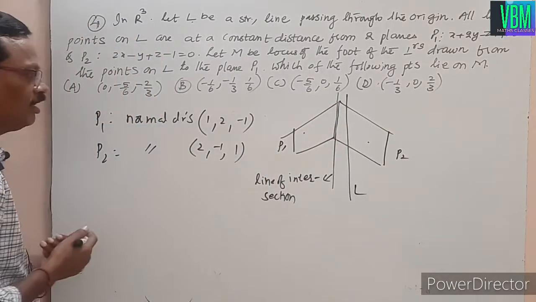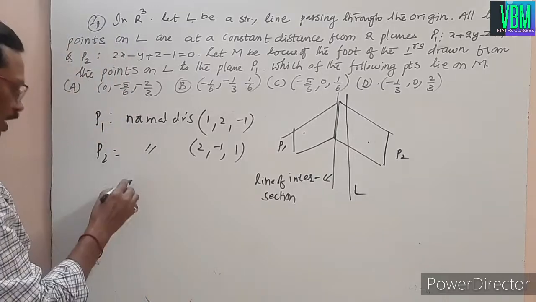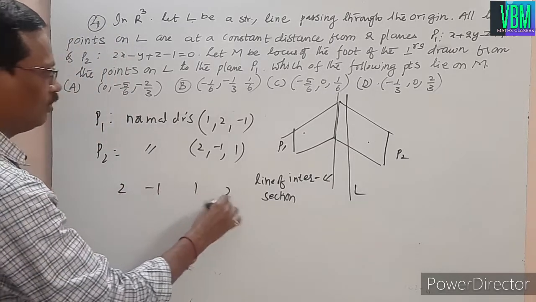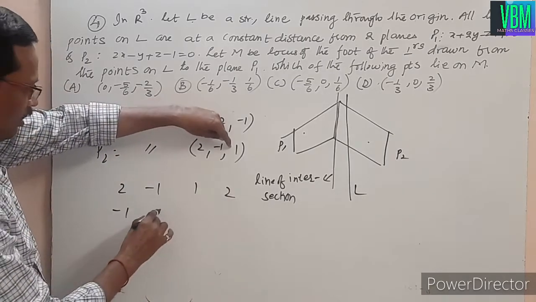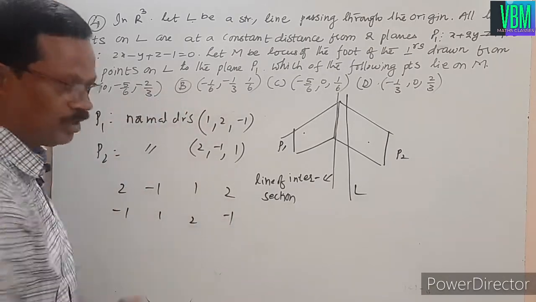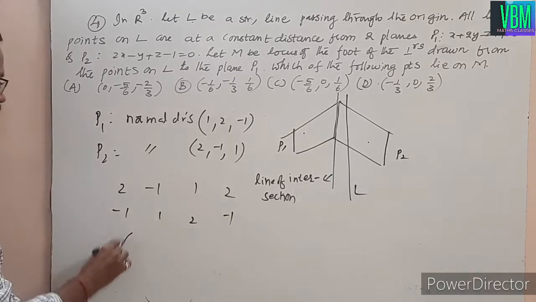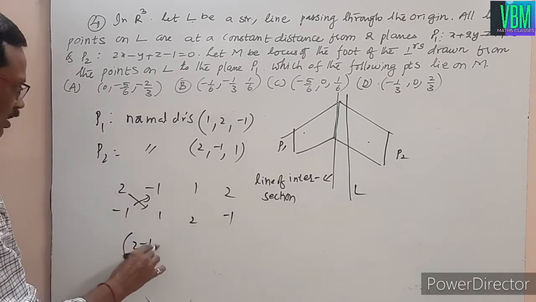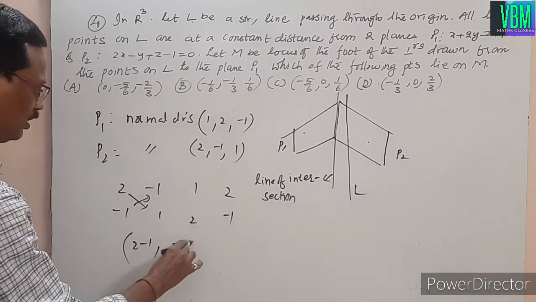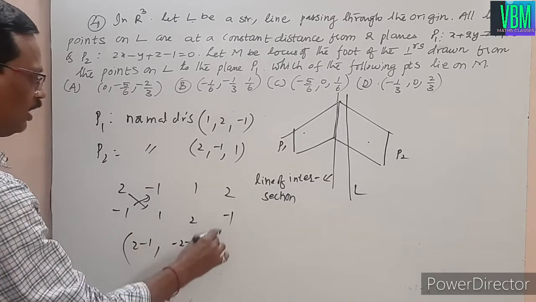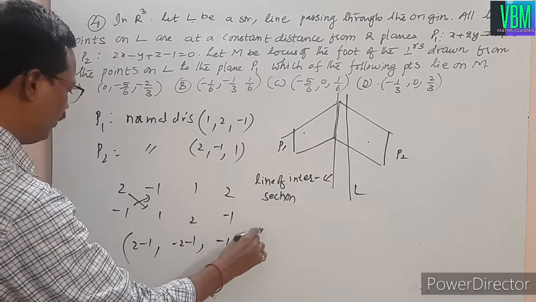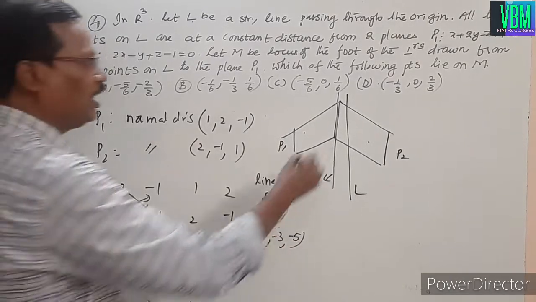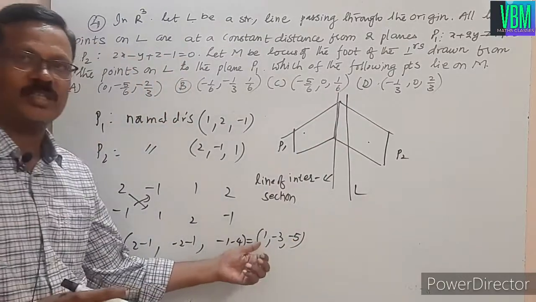Writing it like this: 2, minus 1, 1, 2, and then minus 1, 1, 2, minus 1. This is the cross product. Therefore 2 into 1 minus 1 minus 2 minus 1, and minus 1 minus 4. Therefore it is 1, minus 3, minus 5. Therefore the line of intersection DRs are these.